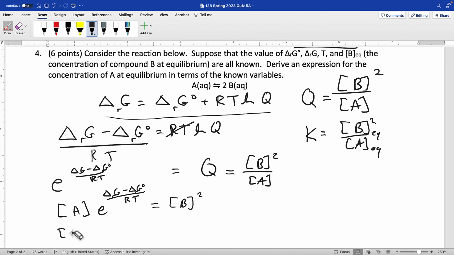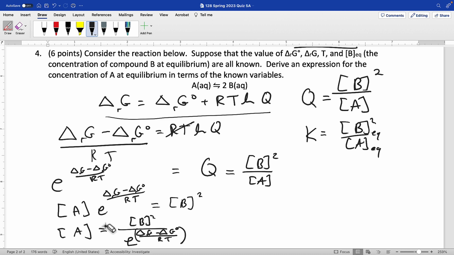Then I could just divide by the exponential to get B squared over this exponential, delta G minus delta G naught all over RT. So I could just plug in all these numbers and I will get A.